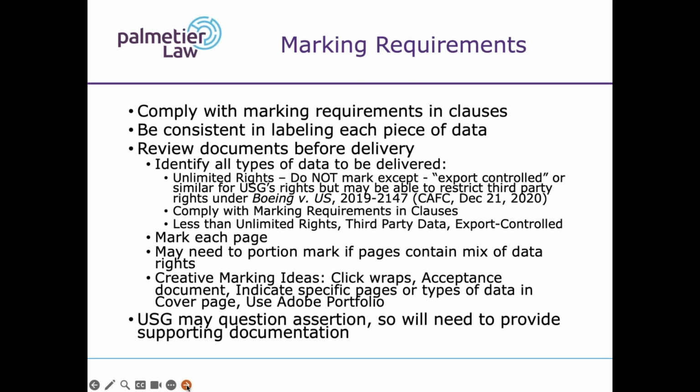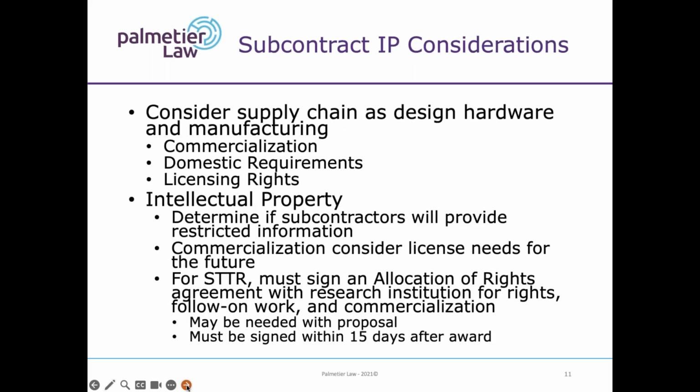That is essential, and I deal with questions on assertions all the time, because the government is very sensitive, especially once it has spent multi-millions of dollars on it, that they get the level of rights that they're entitled to. Next slide.